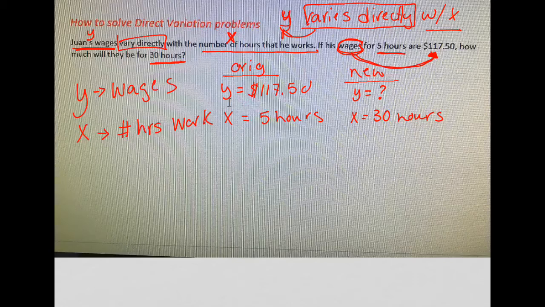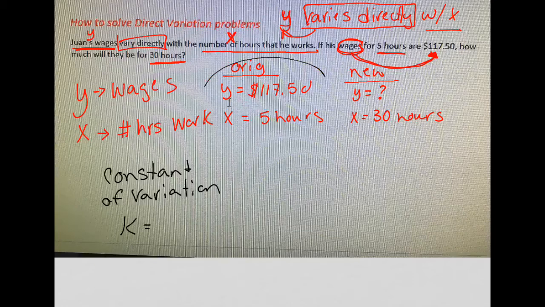So in direct variation problems, there is something that's called the constant of variation. It's typically represented with the letter K, but it's found by taking a set of known values for both x and y, which would be the original set, and dividing the y value by the x value. It's always y divided by x.